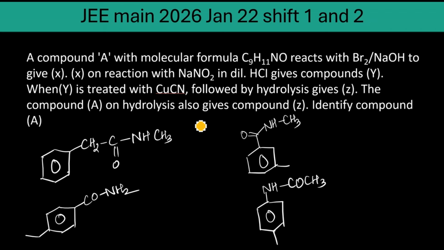Then a compound A with molecular formula C9H11NO reacts with Br2/NaOH. What is this reagent? We know this, right?